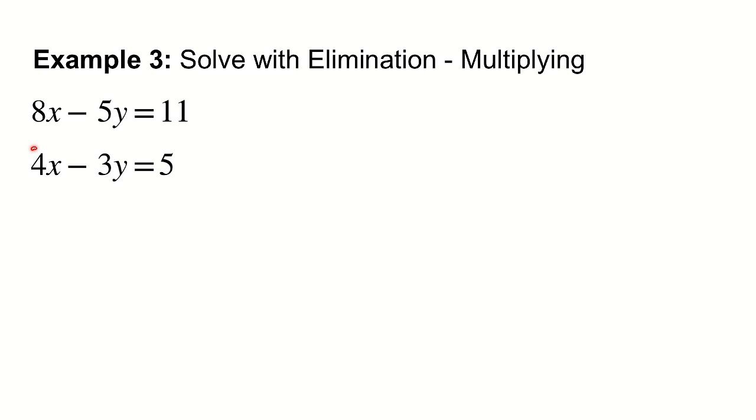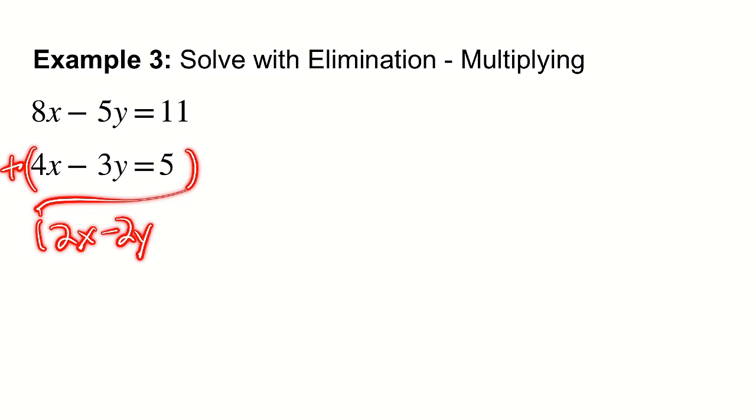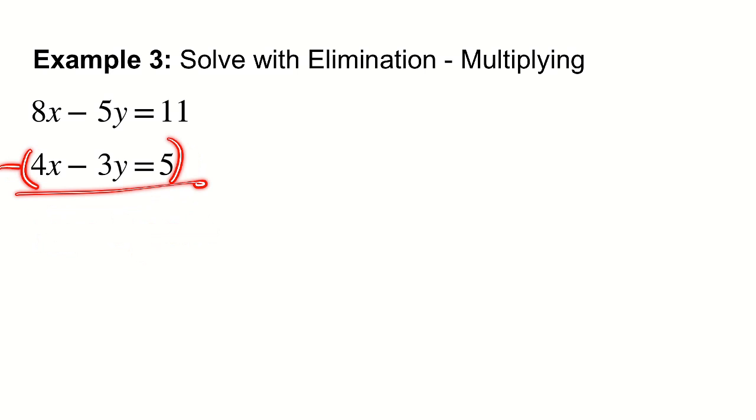Yeah, so if we add, then we get 12x minus 2y equals 16. If we subtract, we get 4x minus 2y, I might have done my addition wrong last time there, equals 6. All right, so in either case, we don't eliminate anything.